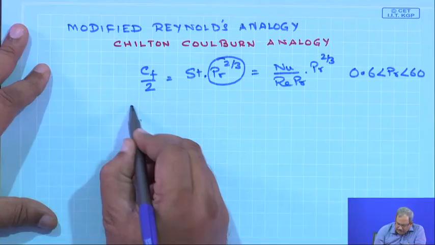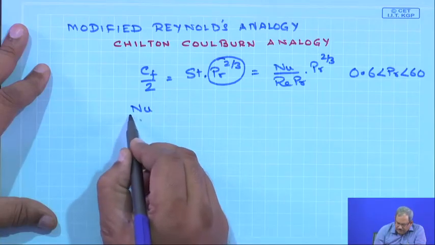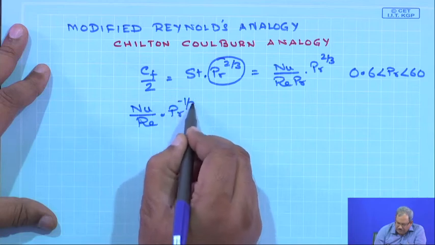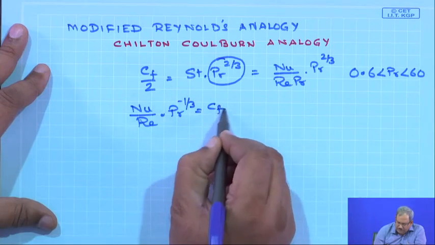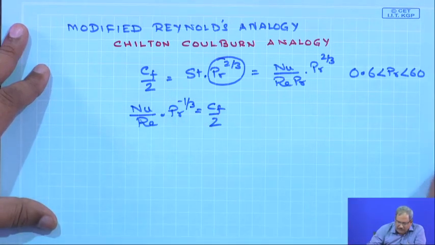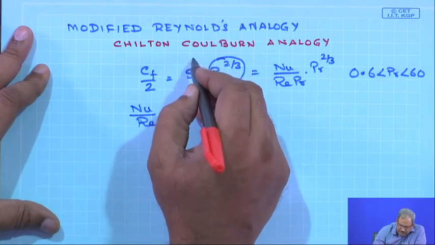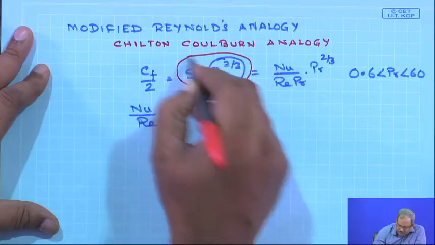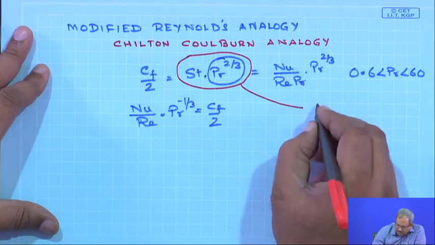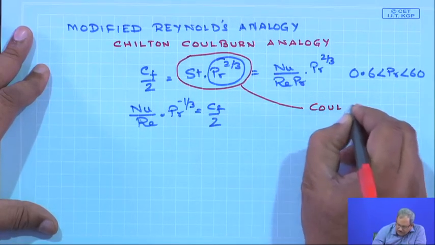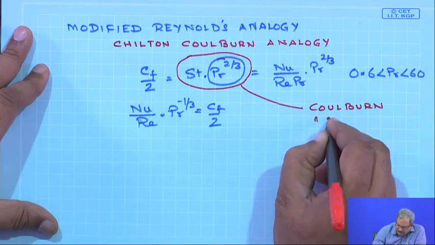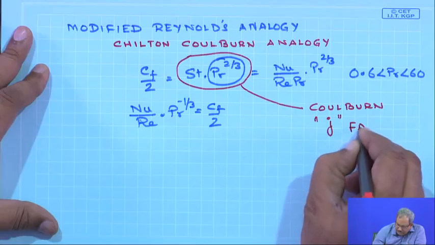So, what you get then is Nusselt by Reynolds into Prandtl to the power minus 1 by 3 equals Cf by 2, and this whole thing, Stanton into Prandtl to the power 2 by 3, is called the Colburn J factor.